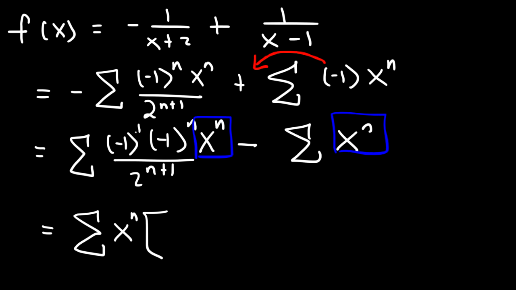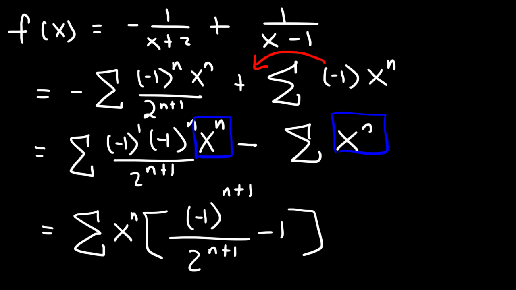And then -1 to the 1 times -1 to the n, you can combine that as -1 to the n plus 1, and then divided by 2 to the n plus 1. And since we factored out x to the n, we're going to be left with a -1 out here. And so this is going to be the power series representation for the original function.